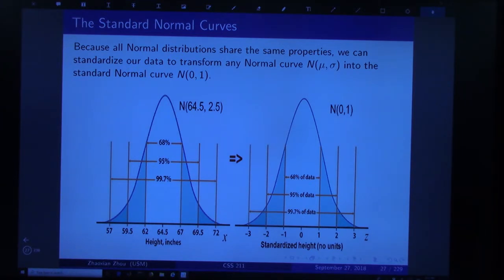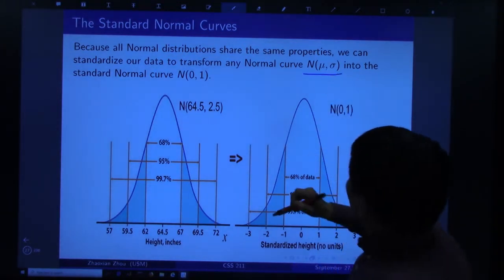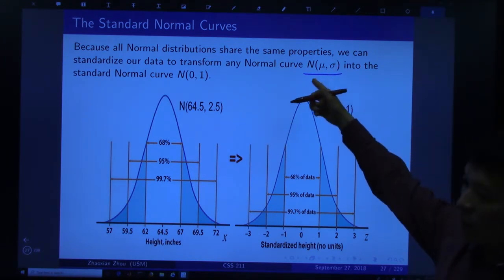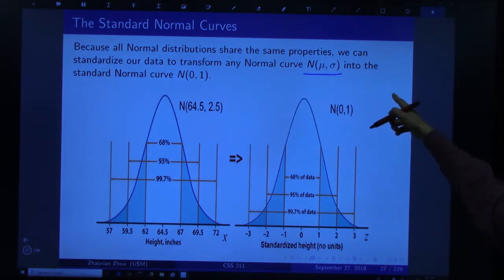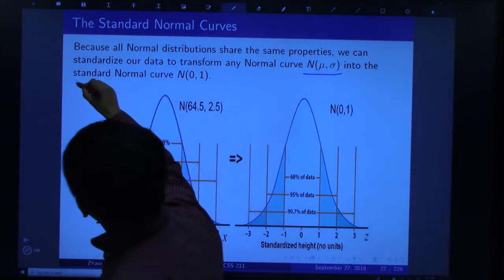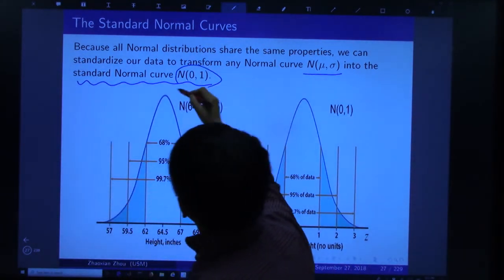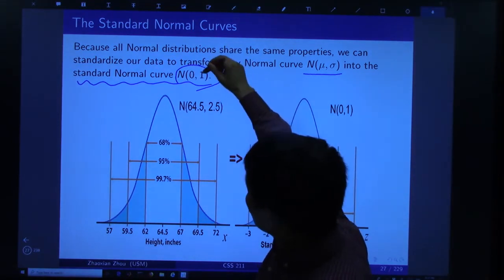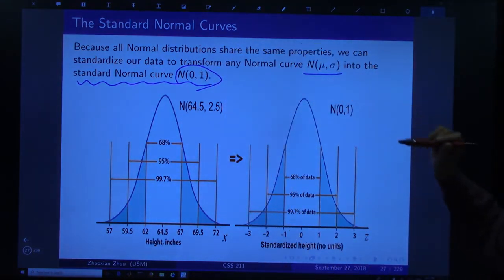It's called a standard normal distribution. We convert this or any normal distribution centered at mu with sigma as standard deviation into a standard normal distribution. Still a normal distribution, but the center equals 0 and the standard deviation equals 1.